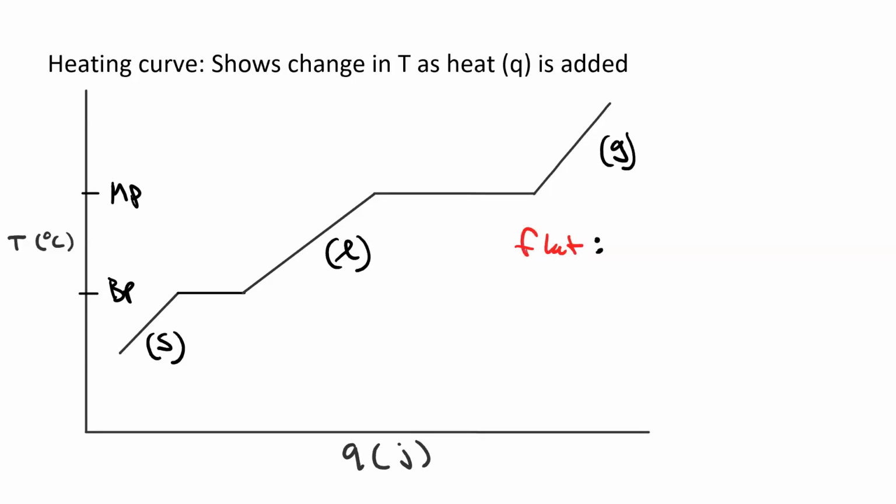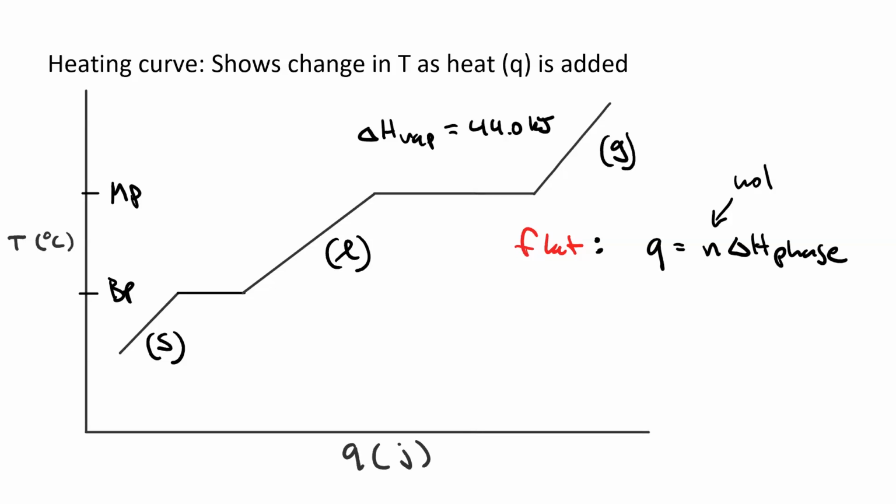If you're in a flat portion, you need to use Q equals n delta H for whatever phase change you have, where n is the number of moles of substance, and delta H is the molar enthalpy of phase change. For instance, for water, the molar enthalpy of phase change, delta H vap, for going from a liquid to a gas, is 44.0 kilojoules per mole. So if you had 1 mole of water, it would take you 44 kilojoules to vaporize it.